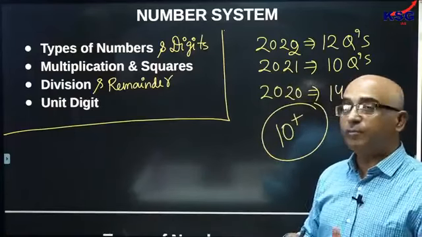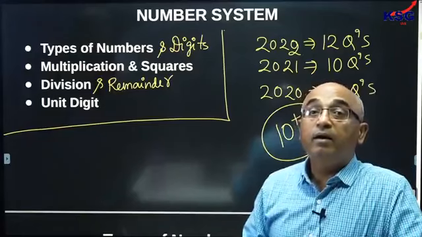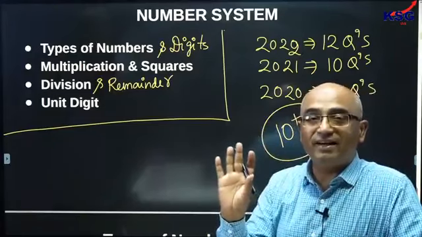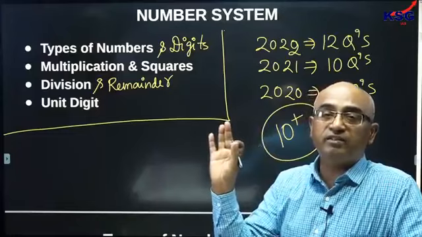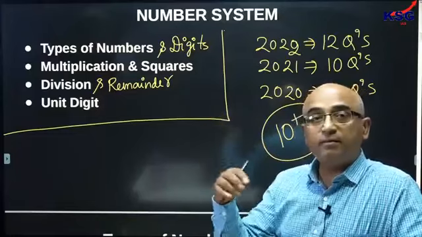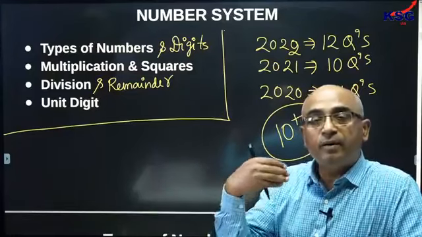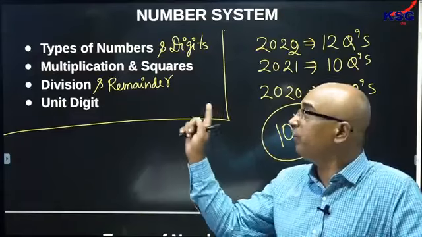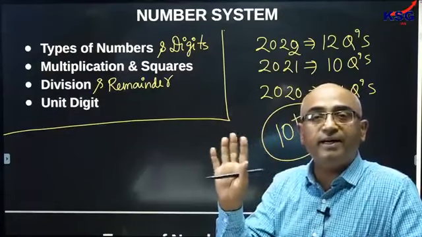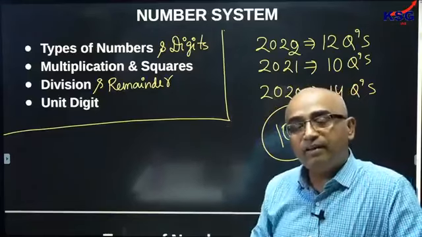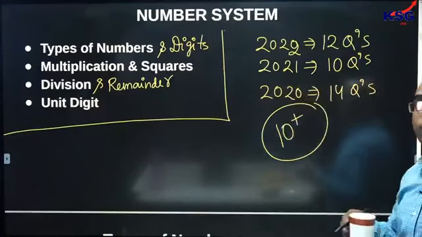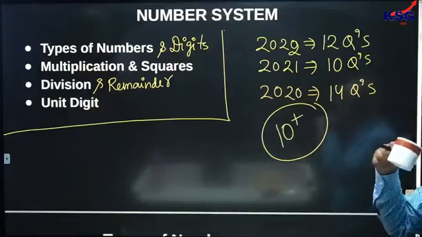Let's begin. And remember, shortcut formulas are not required while dealing with CSAT. Only understanding based discussion. In maths, basics of school level are required. So in every topic, we will revise all basic ideas given in the school books. Let's begin the first topic. Please write types of numbers.